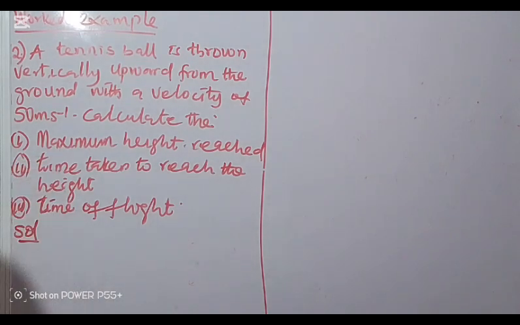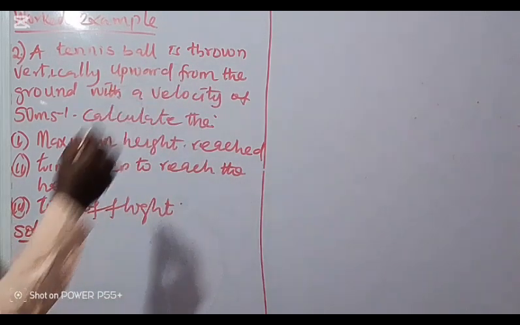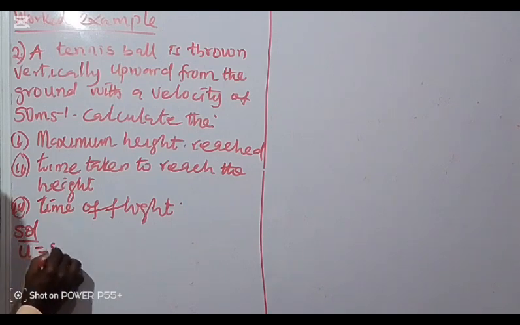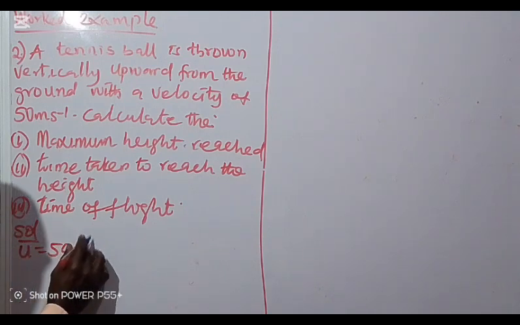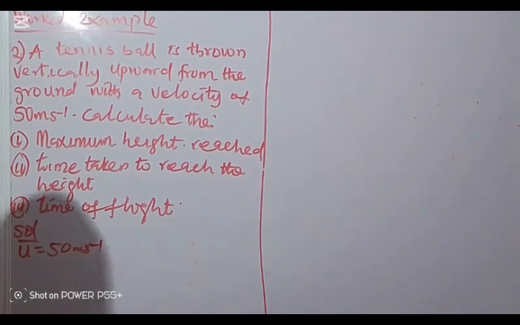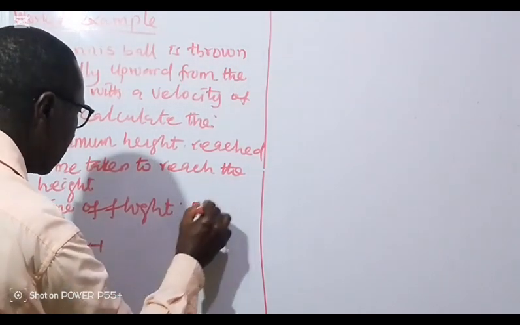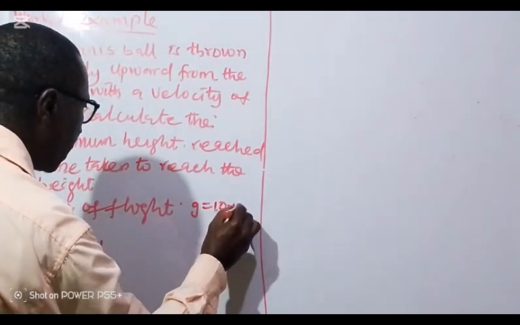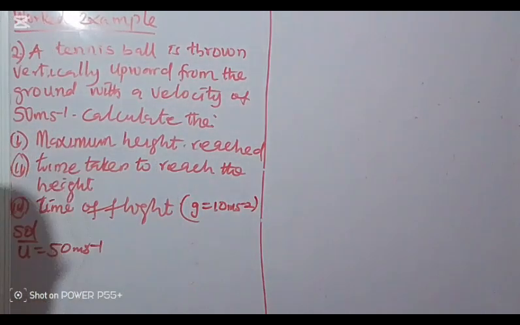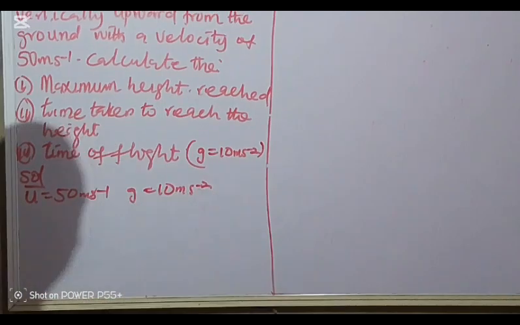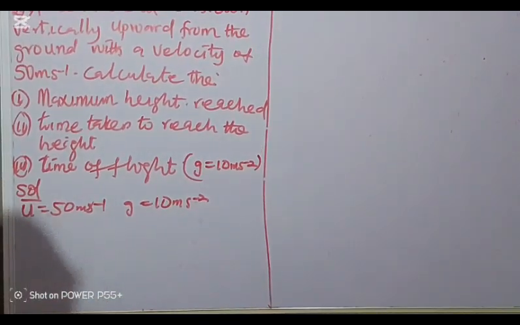Let's first write out the parameters given in the question. The velocity, that is u, is given as 50 meters per second. Again, what else is given? According to the question, g is equal to 10 meters per second squared. That's all.